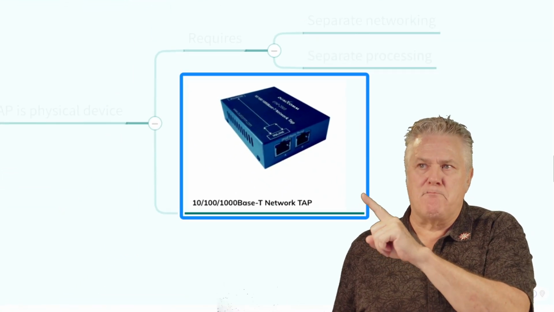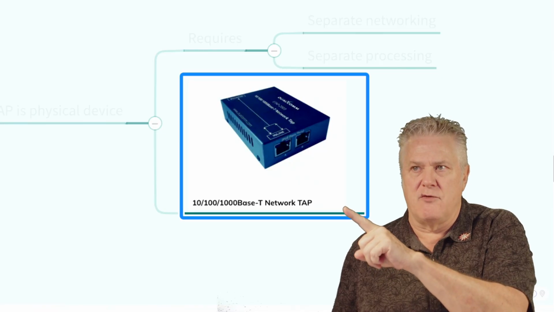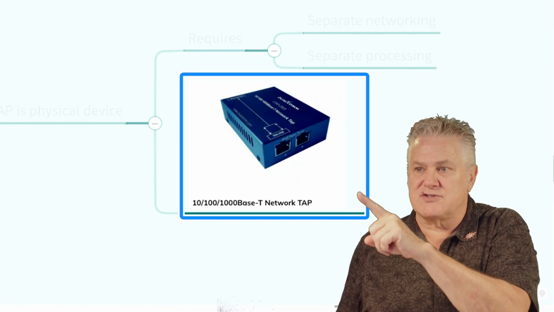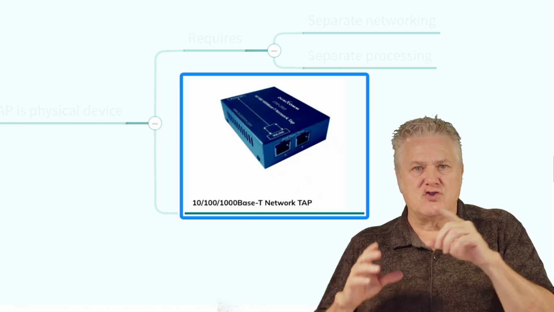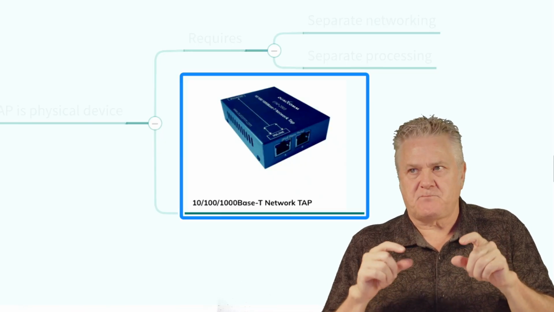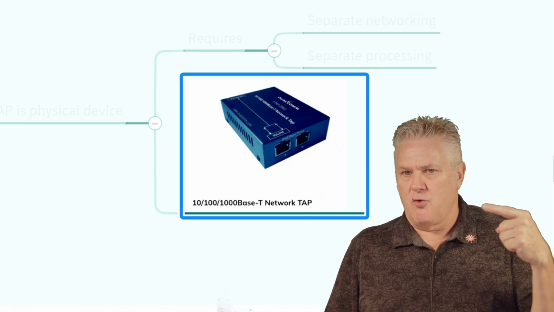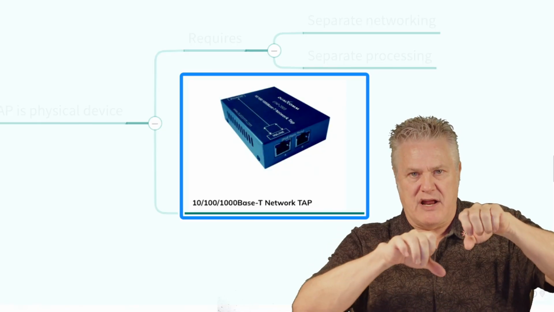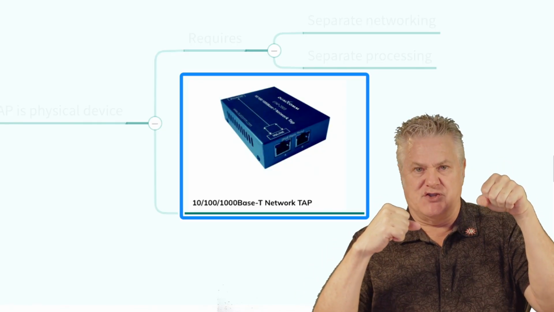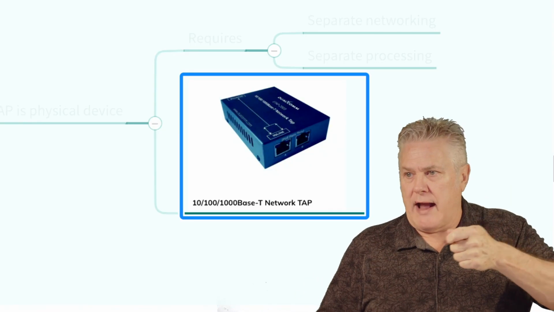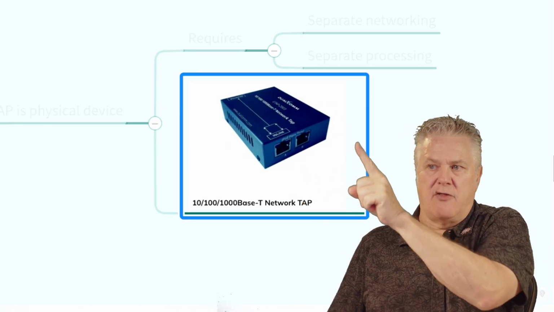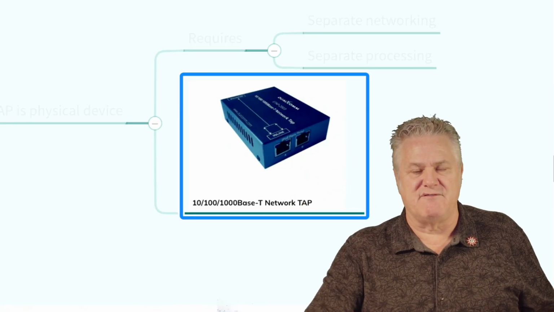Now, here's the most basic tap that you can find on the market today. I think this is like $200. This would mean that we would go to the switching infrastructure and we would say, okay, we're going from source to destination, and we're going to actually break the connection on the switch, pull the wire out and plug it in here, and then pull another wire out and plug it back into the switching infrastructure.